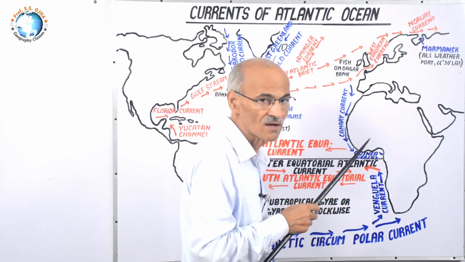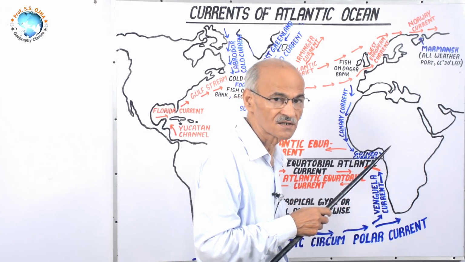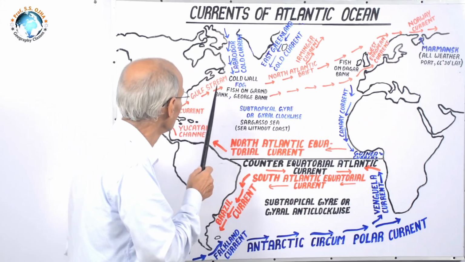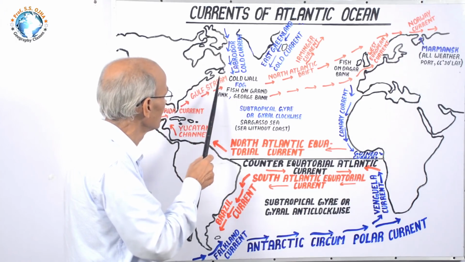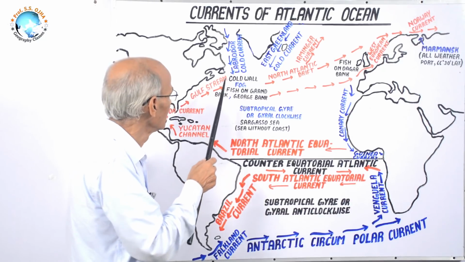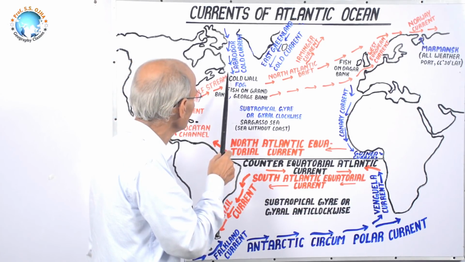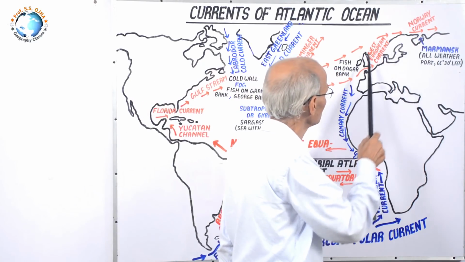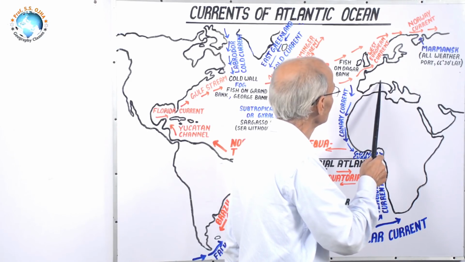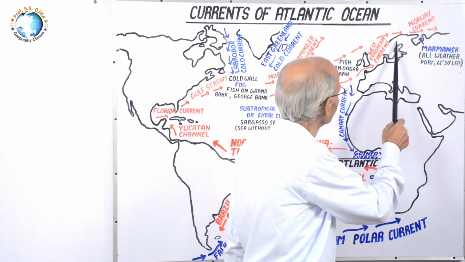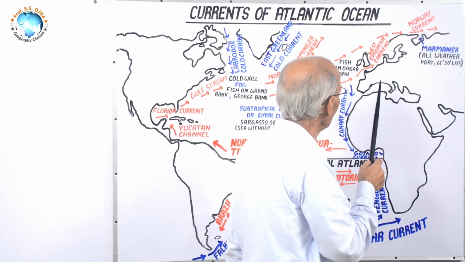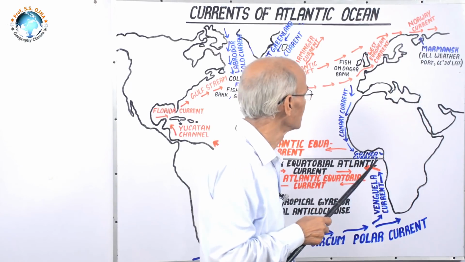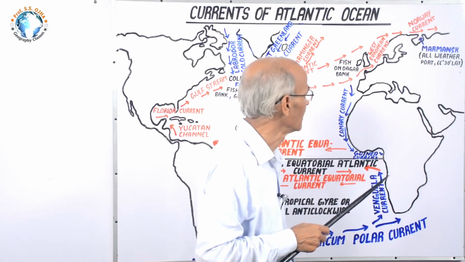Why? Because we have studied in tectonics and endogenic forces that the eastern part of North America is rising, which is recorded here in Newfoundland. Likewise, this part is also rising, which is noticed in the rising of Scandinavia, Norway and Finland, and the area of these countries is increasing because land is rising and emerging.